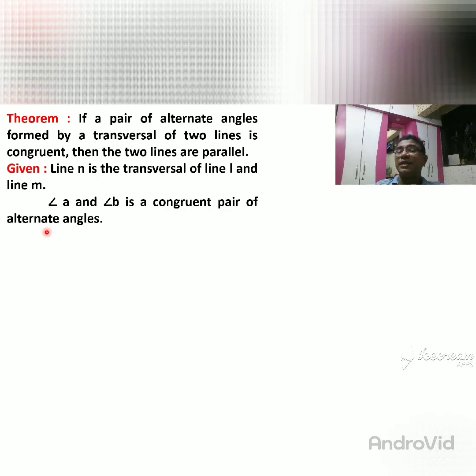They are given that alternate angle pairs are congruent, so here we write angle A is congruent with angle B. Then we write what we want to prove: that line L is parallel to line M. So here we are going to prove that.